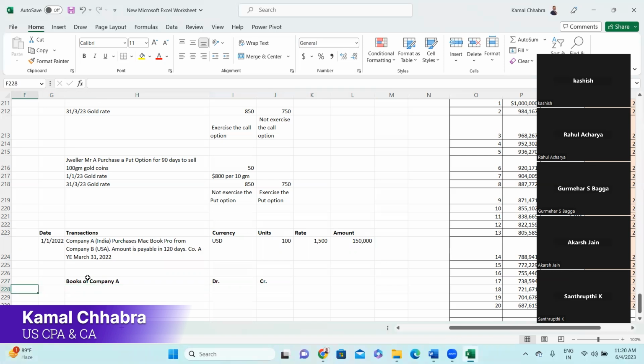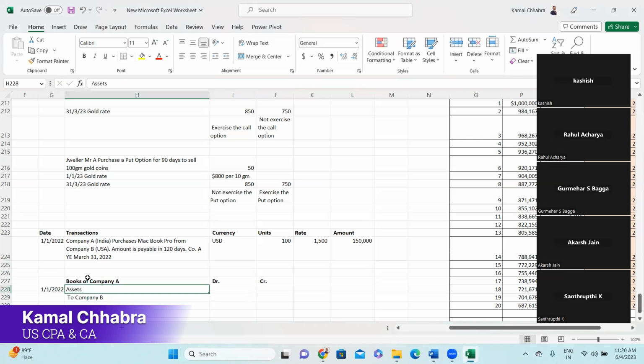Assets debit to payable, accounts payable to company B, basically.